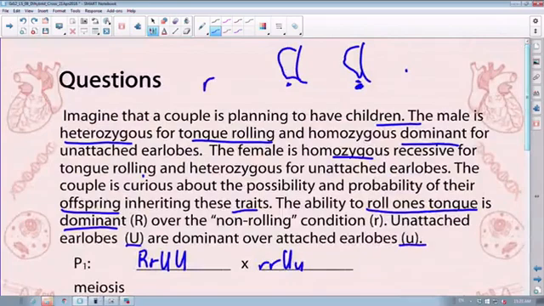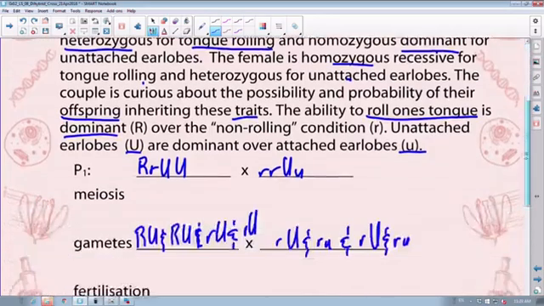Rolling tongue is R for us, unrolling tongue is small r, and earlobe is U. The female has unattached earlobes, and so that's rolling tongue, non-rolling tongue, unattached earlobes, attached earlobes. I'm just putting it down so I can write and it's a lot quicker.